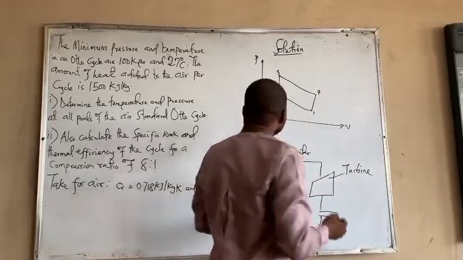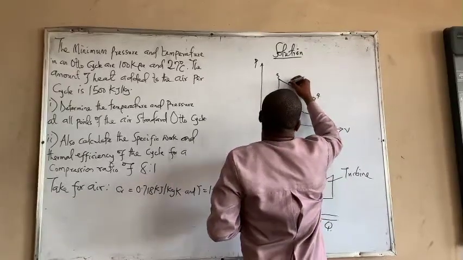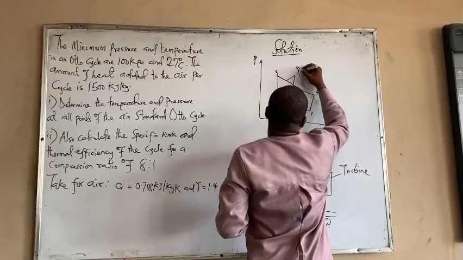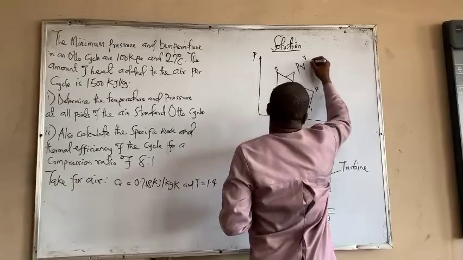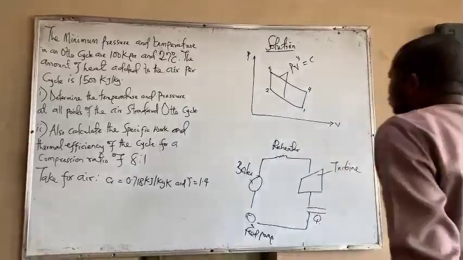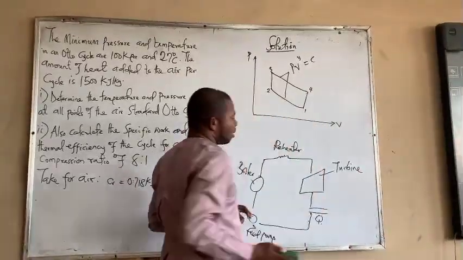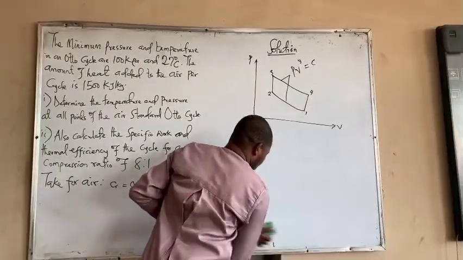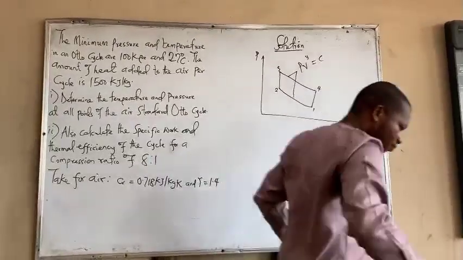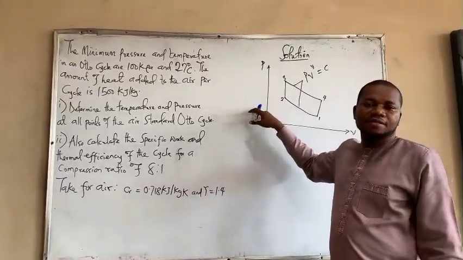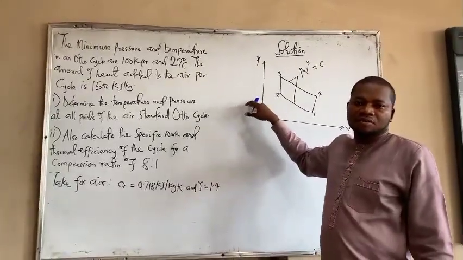Now mind you, this is described as a constant volume diagram, a constant volume cycle. This is an Otto cycle. Another word for it is constant volume cycle. This is what happens under gas power cycles.